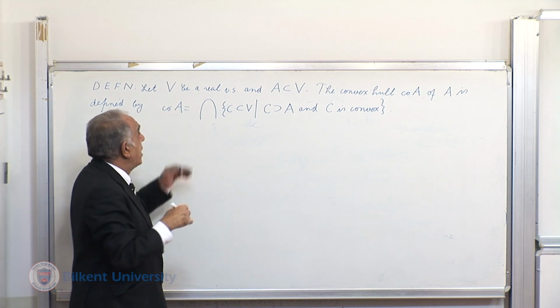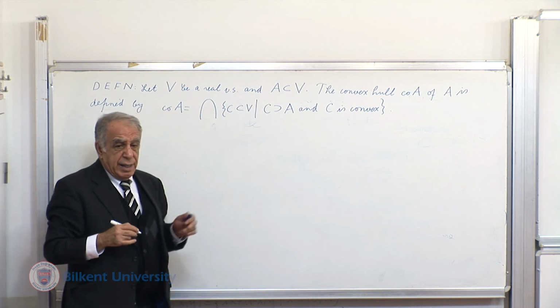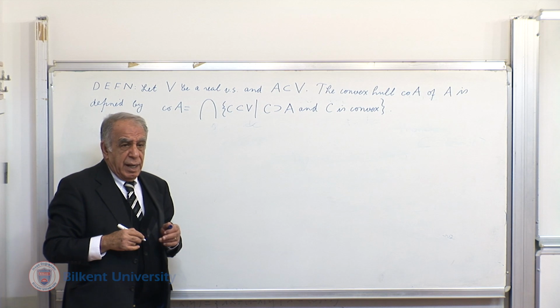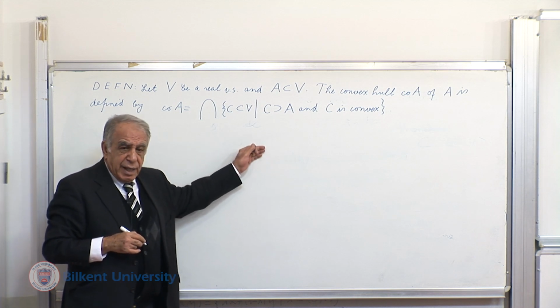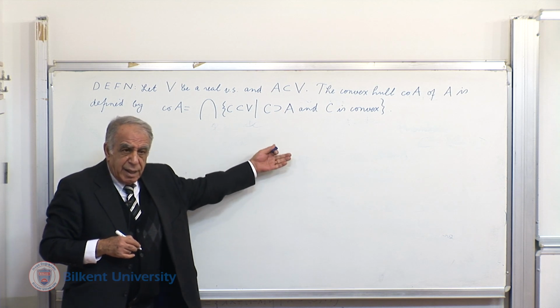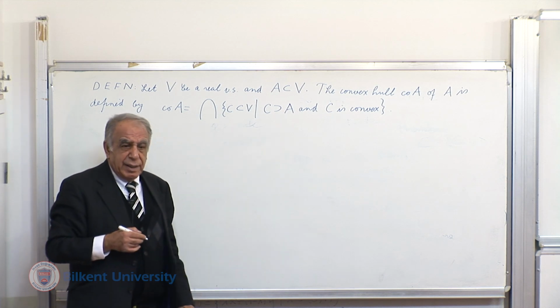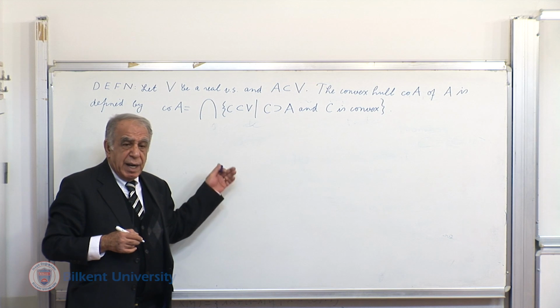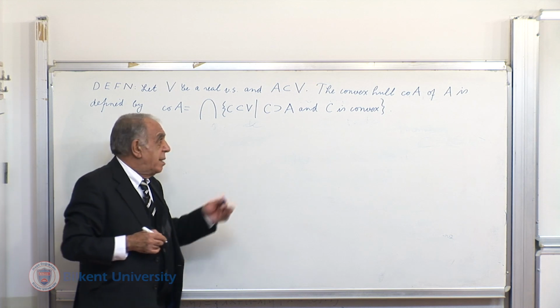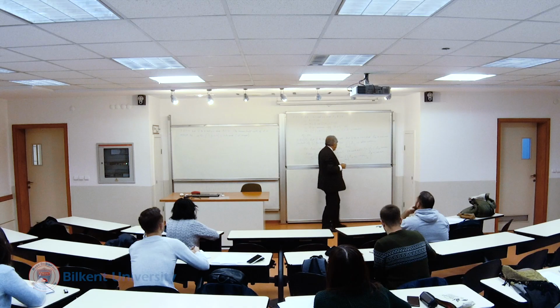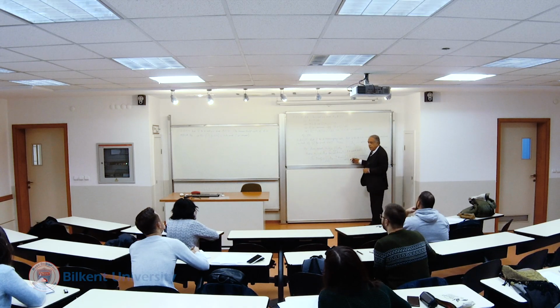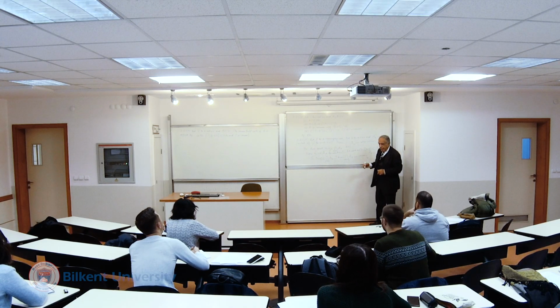Now, will this intersection contain A? Yes. Each set in the collection over which the intersection is taken contains A, thus the intersection contains A. Will it be convex? Yes, this is a whole collection of convex sets, and their intersection is convex again.